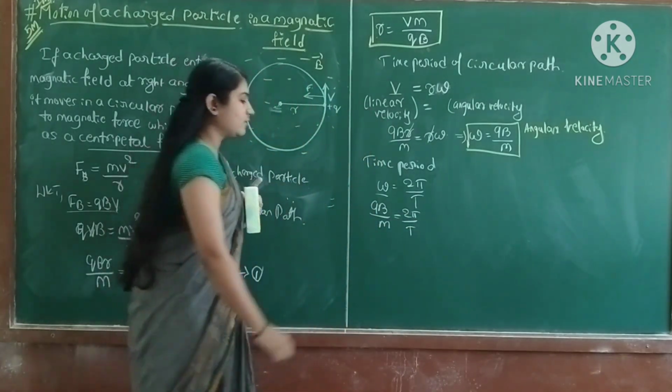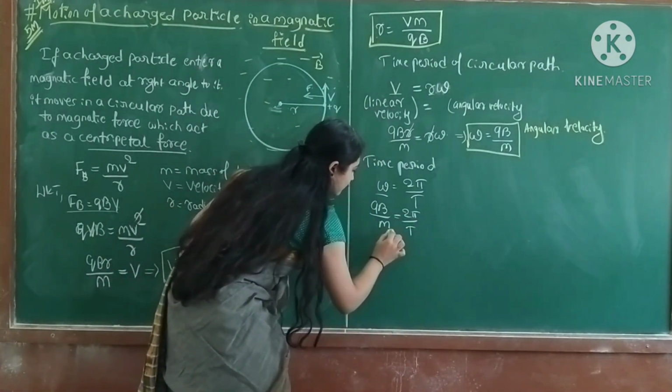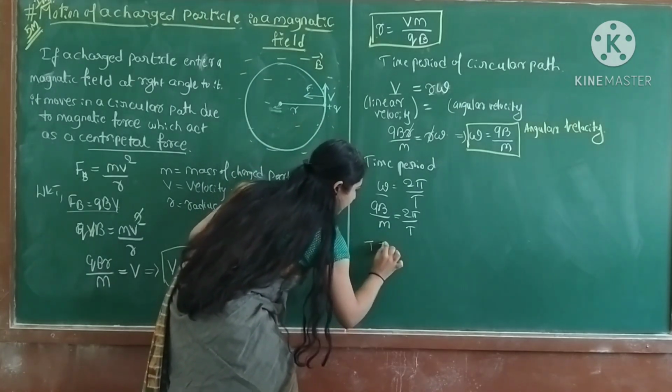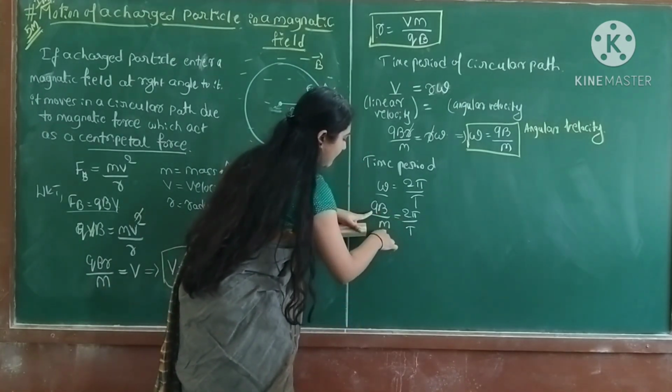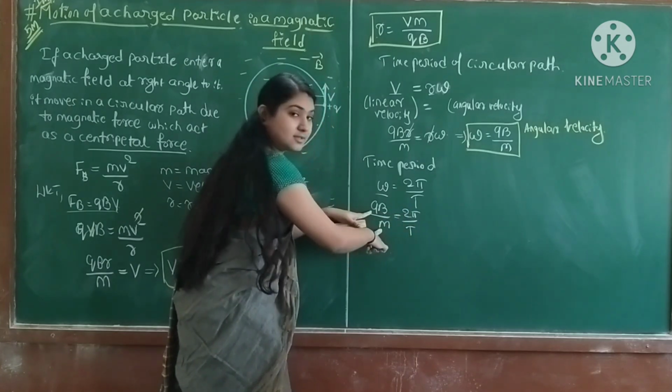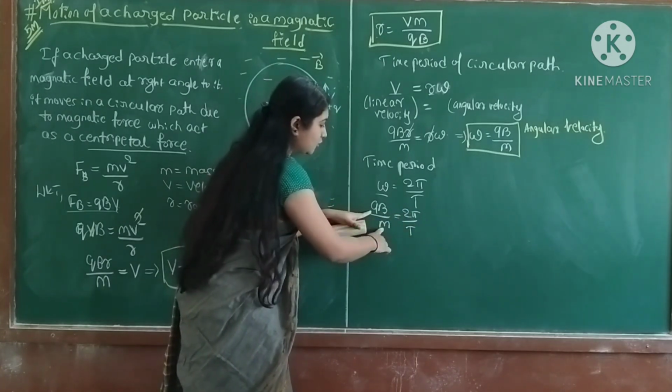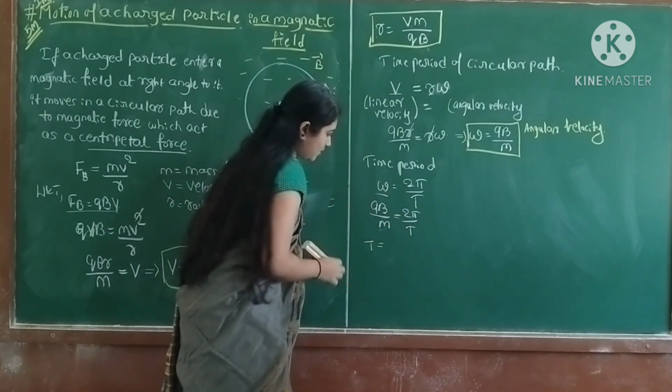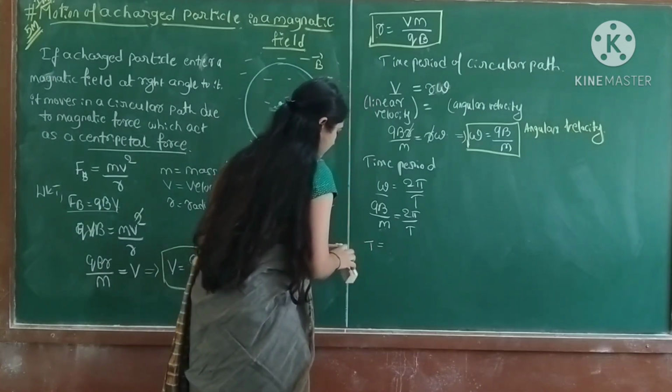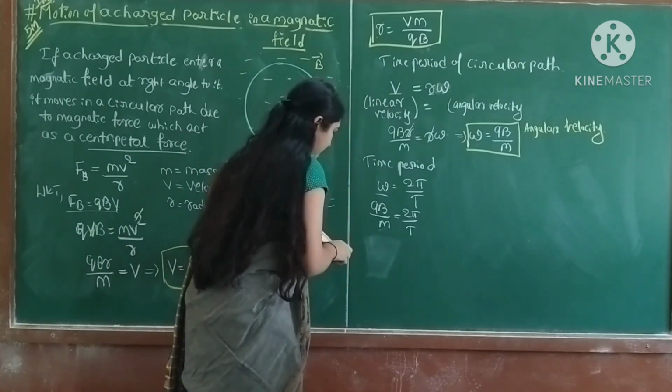So what will we get? T is equal to 2 pi divided by QB by M. This will also come to this side. One minute, we will just adjust it.